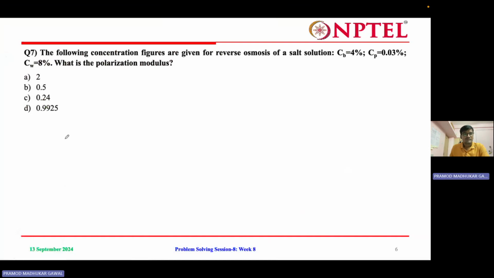Question number 7: the following concentration figures are given for a reverse osmosis of salt solution: Cb 4%, Cp 0.03%, Cm 8%. What is the polarization modulus?